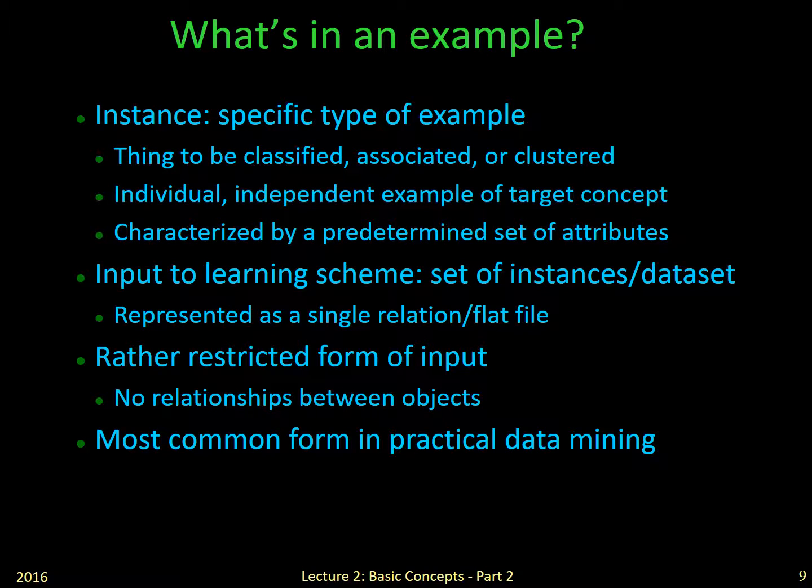The input to a machine learning scheme or machine learning algorithm is a set of instances. In the standard scenario, each instance is an independent example of the concept that we want to learn.